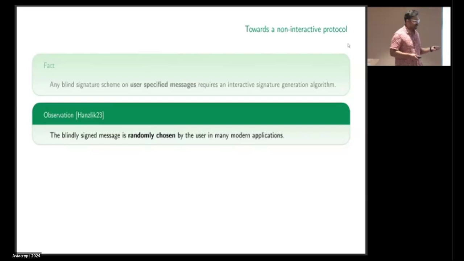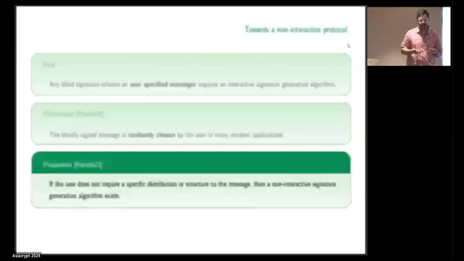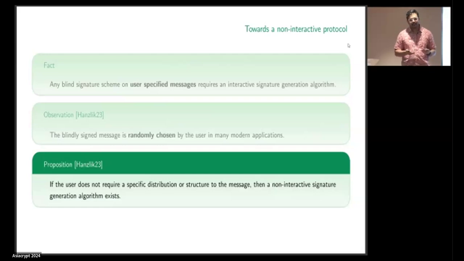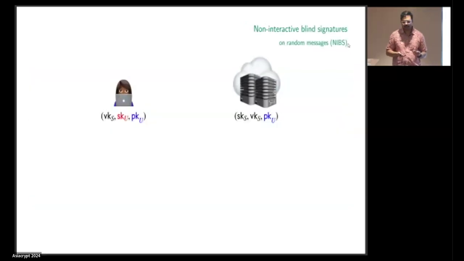In a very recent paper, Hanslik observed that in many practical applications, this message is often chosen randomly and has no specific type. And in that case, there is a non-interactive signing procedure.